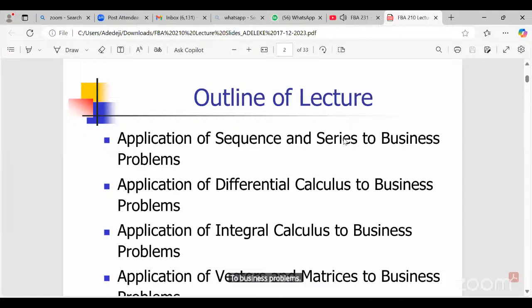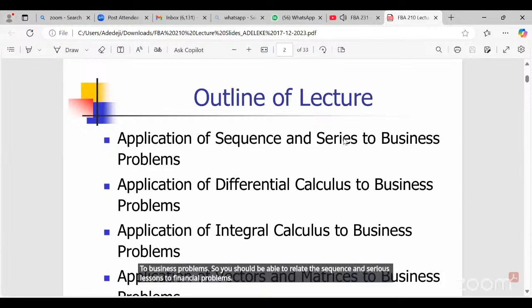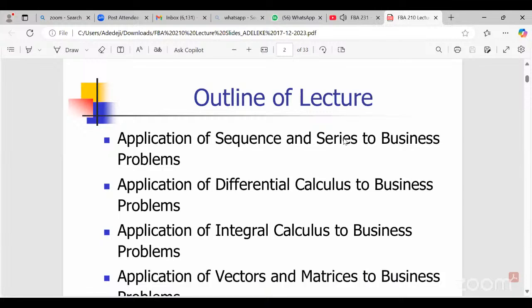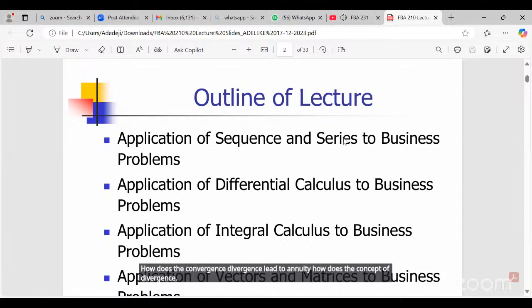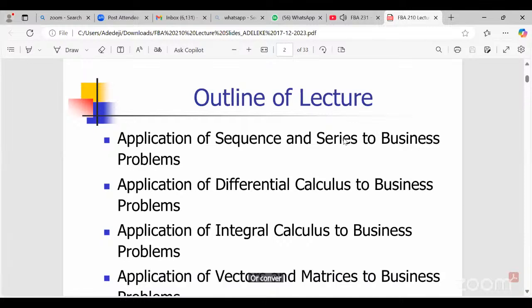You should be able to relate the sequence and series lessons to financial problems. How does convergence and divergence relate to annuity? How are the concepts of divergence and convergence used in financial mathematics?